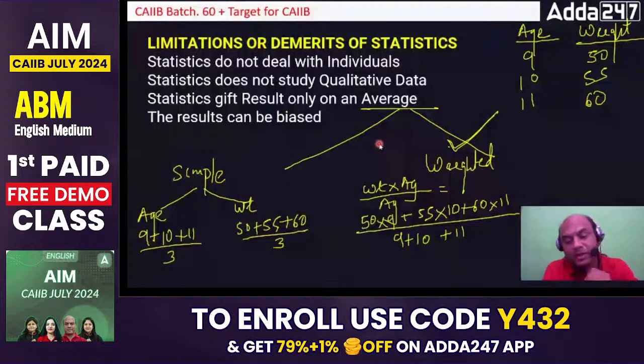Has anyone seen it? The first Munna Bhai, there were 3-4 later. The subject doesn't know what he is doing. That is statistics. Statistics doesn't deal in emotions. It deals only with numbers. So statistics does not deal with individuals.